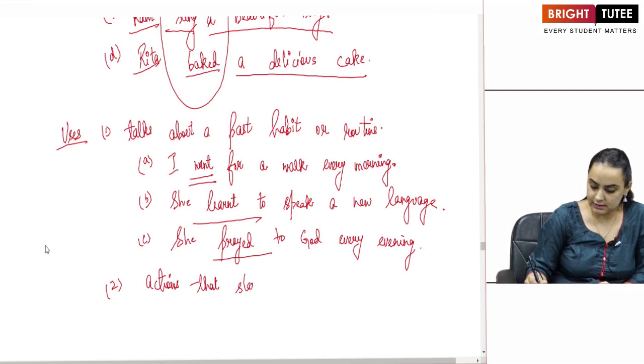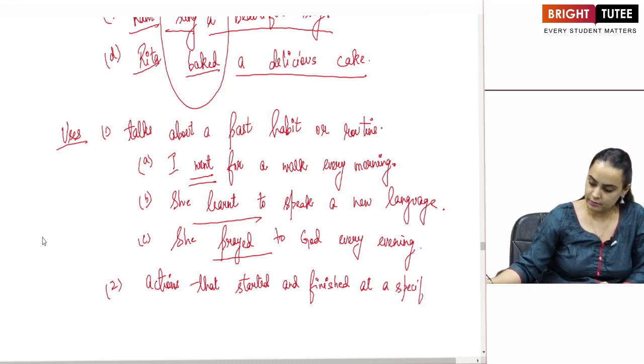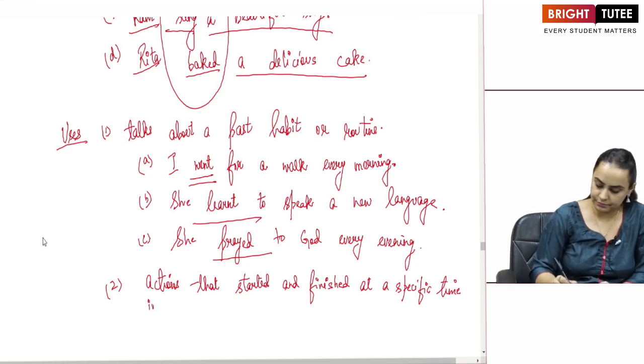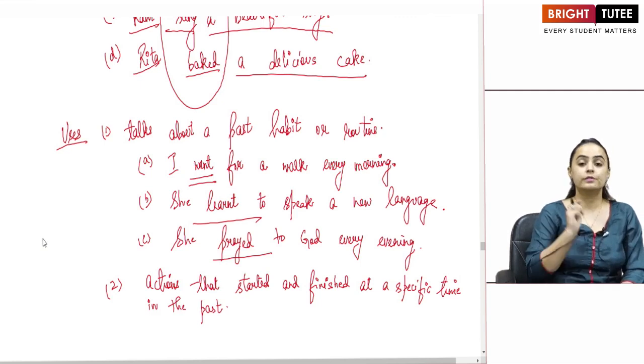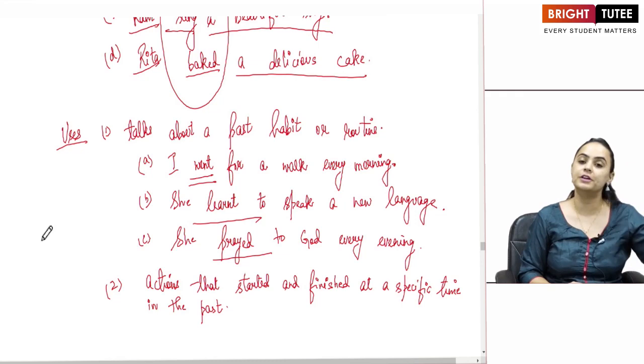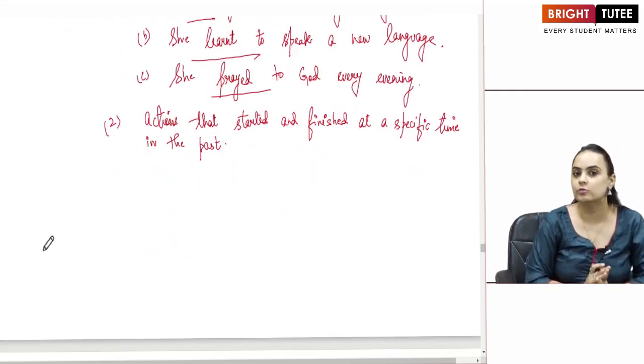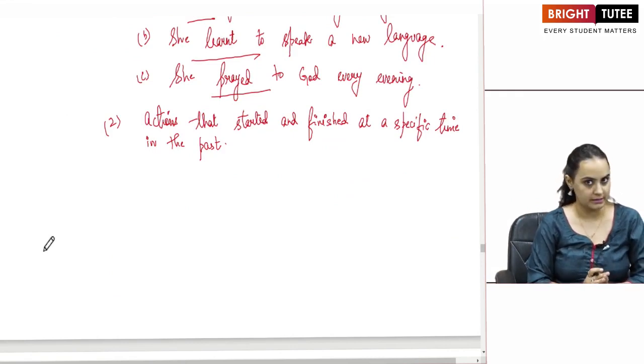The second use of the simple past tense is for those actions that started and finished at a specific time in the past. So if there are some actions that started and they finished also at a specified time in the past, then for those actions we use the simple past tense.